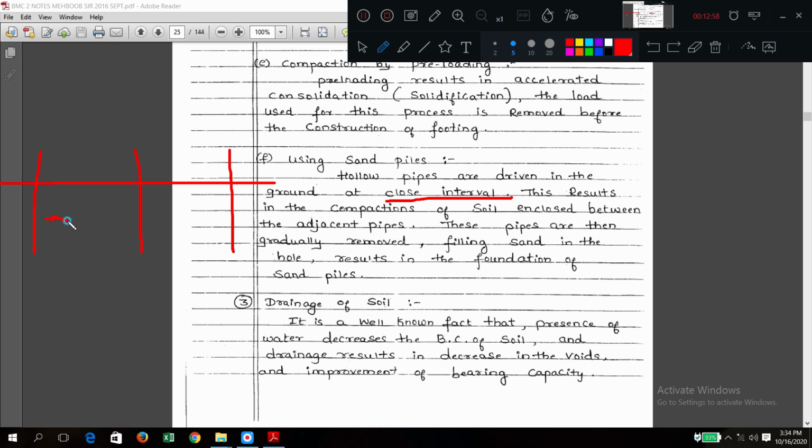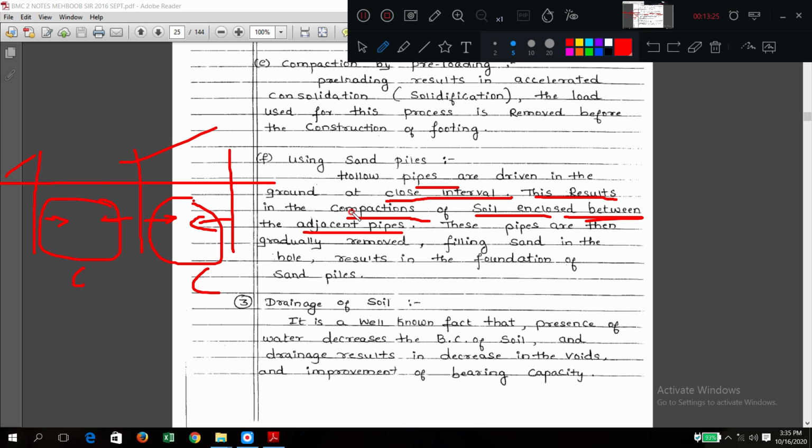This will compact the soil here, and here, and here. So whatever the area between two adjacent pipes will get compacted. That is what is written here: by driving the pipes at close intervals, this results in the compaction of the soil enclosed between the pipes.